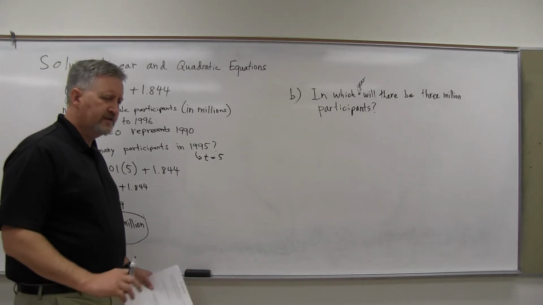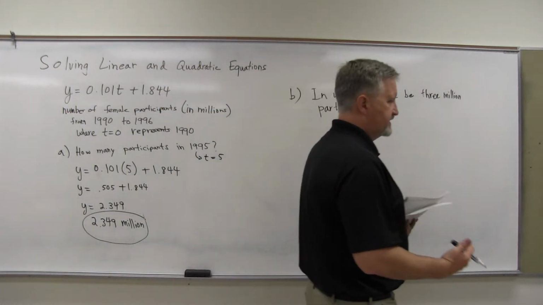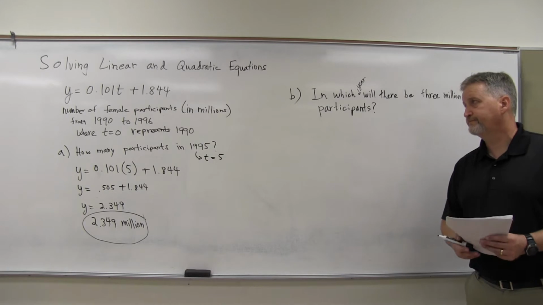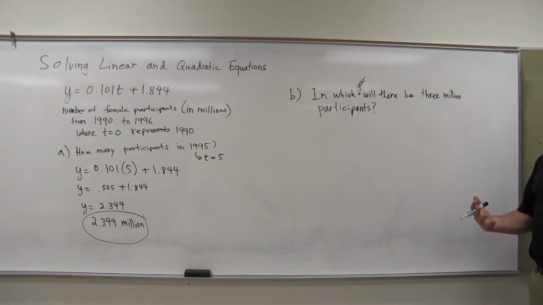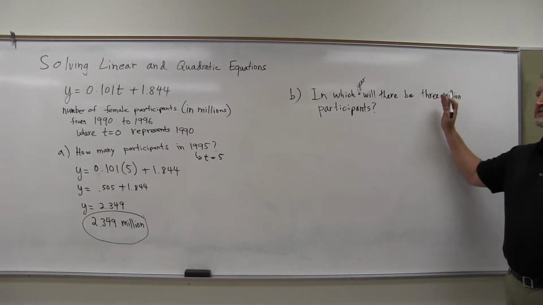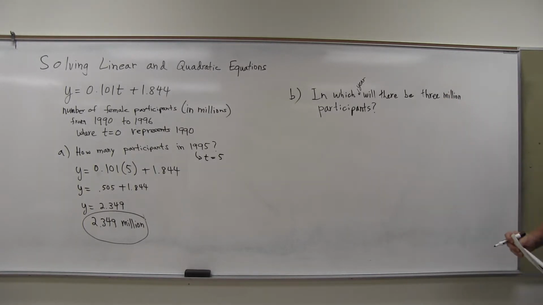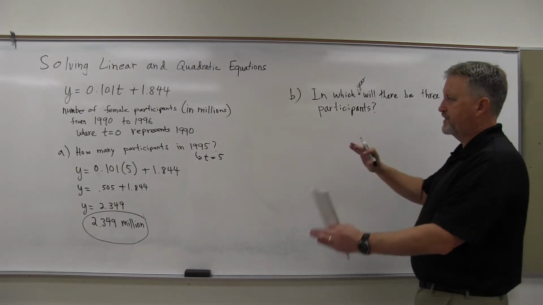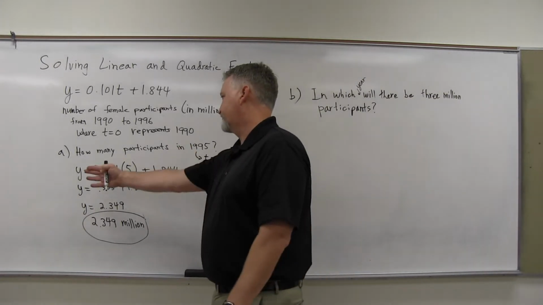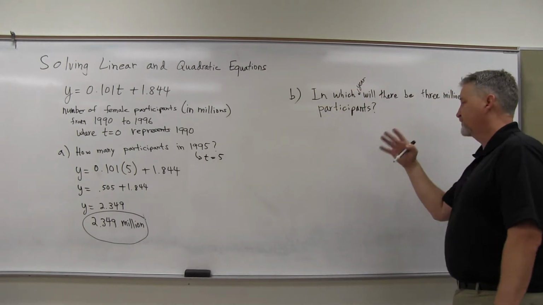Okay. Well, in this case, I'm trying to figure out the t, aren't I? The year, which is related to the t. The 3 million participants is giving me a value of y, isn't it? So I've switched over. Here I had t and was finding y. Now I've got y and we find t.